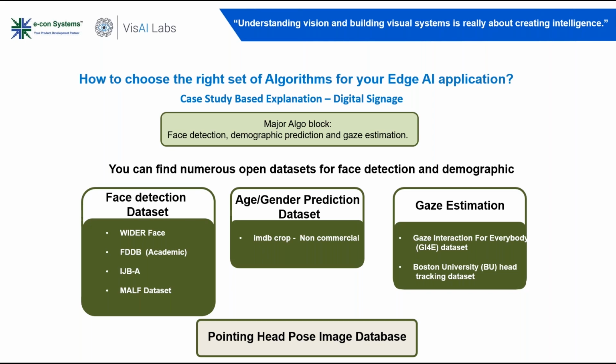This is a way we ensure the privacy of the customers in the smart digital signage solution. This involved developing three different models for face detection, age and gender prediction, and gaze estimation. We had to develop all these three models, combine them, and produce the end solution for our customer.